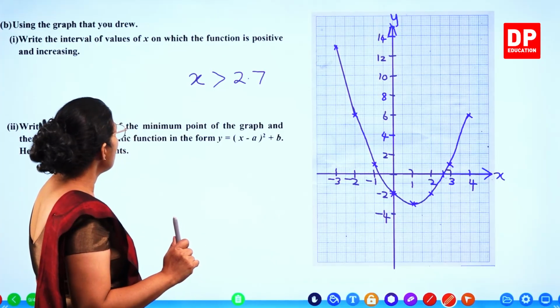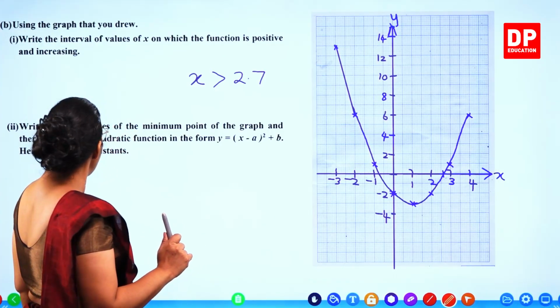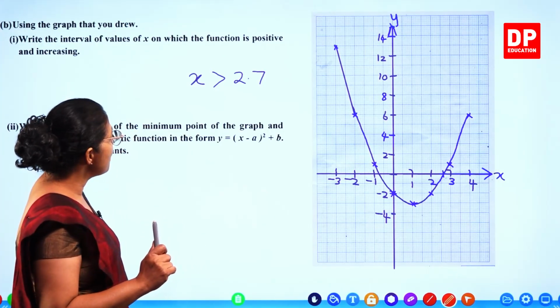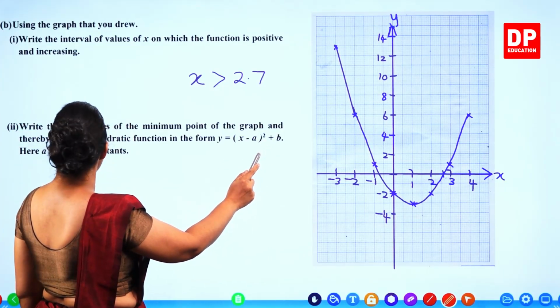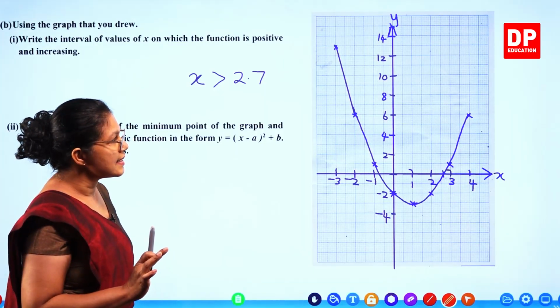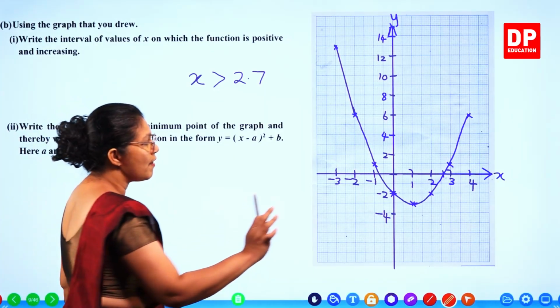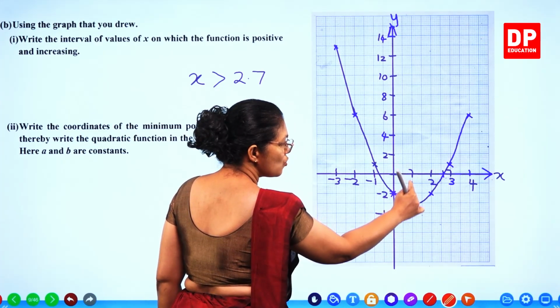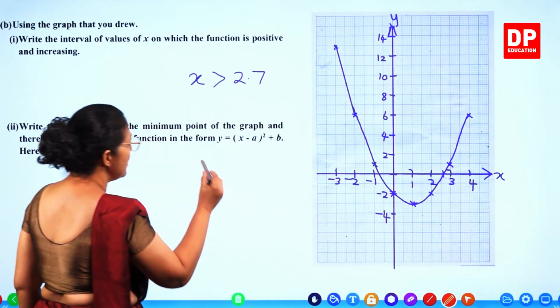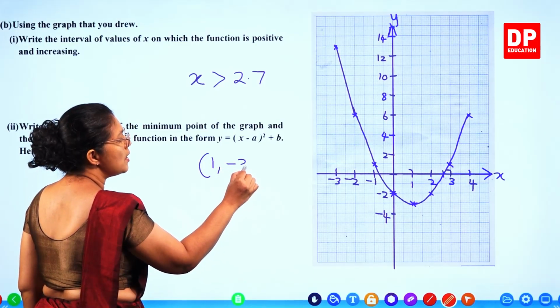Write the coordinates of the minimum point of the graph and thereby write the quadratic function in the form (x minus a) squared plus b. Here a and b are constants. So how are we finding the vertex point? Vertex point is the minimum value. So (1, minus 3) is the vertex point.